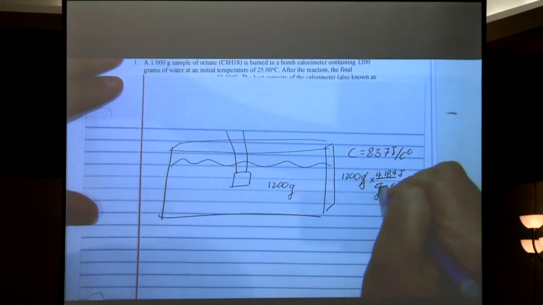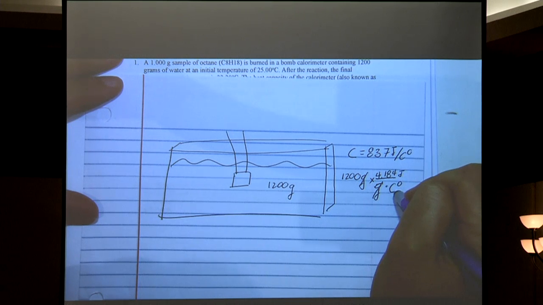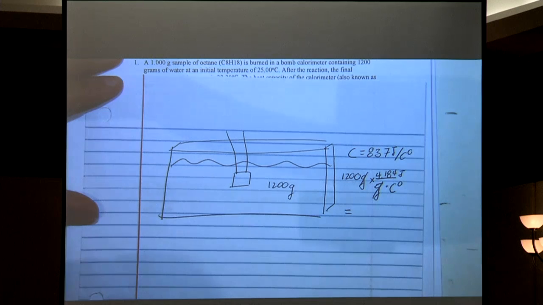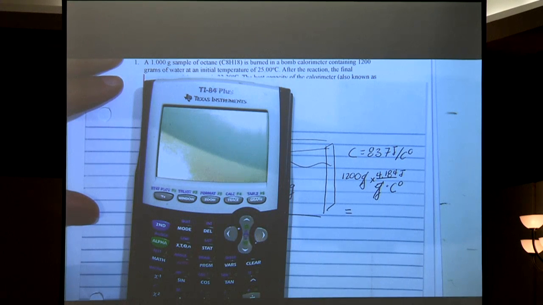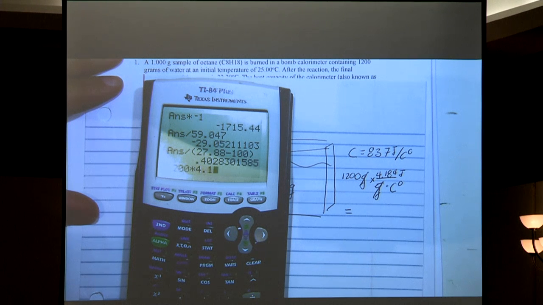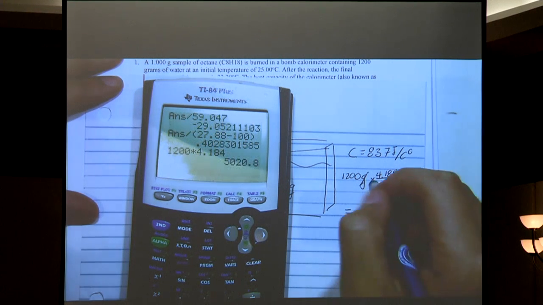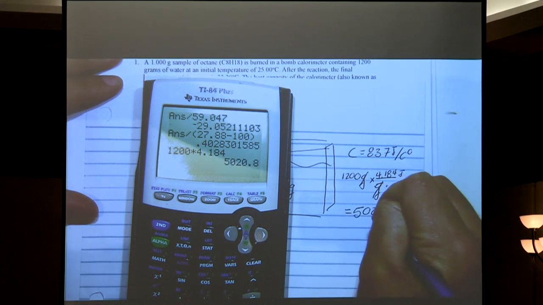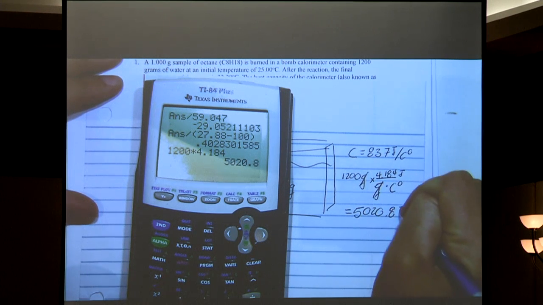Grams cancel out, and I'm left in joules per degree Celsius, and I can add that together. So 1,200 times 4.184, and I get the heat capacity of the water is 5020.8 joules per degree Celsius.